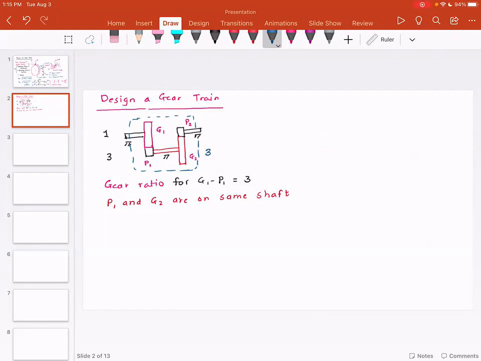And let's take an example. The gear ratio for, say, G3 P3 is equal to 5, which means one revolution of gear 2 is going to cause 5 revolutions of pinion 2.